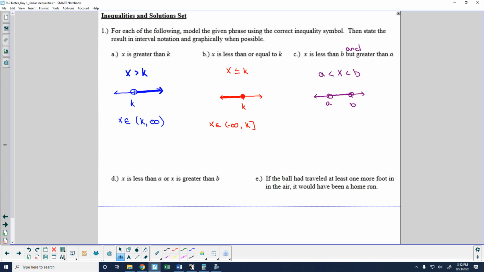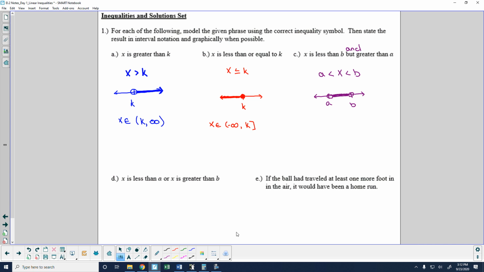So everything would be to the right of a here if we were just talking about greater than a. Everything less than b would be to the left. So where that overlaps, where we have that shaded region overlapping, this is going to be the values that we're talking about here. Because this has the word but, or and, we're looking for the overlapping of those two inequalities to get our graph.